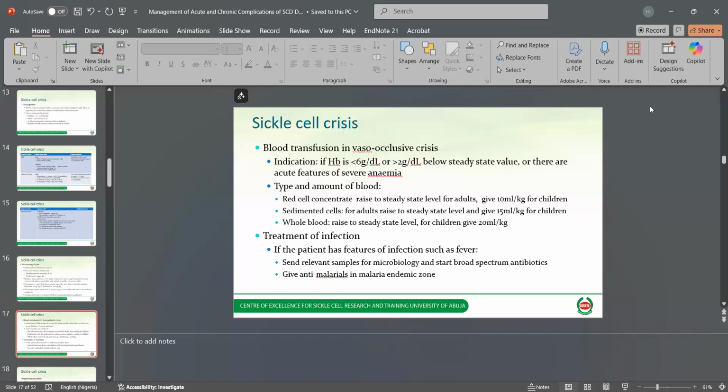If it is whole blood, you give about 20 mils per kg to raise the hemoglobin to the steady state level.